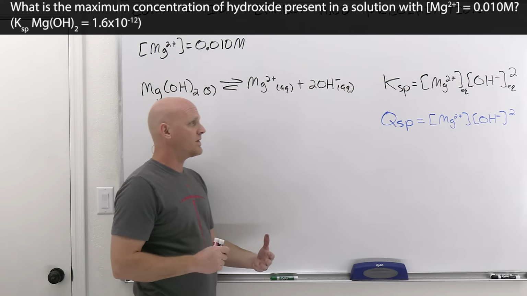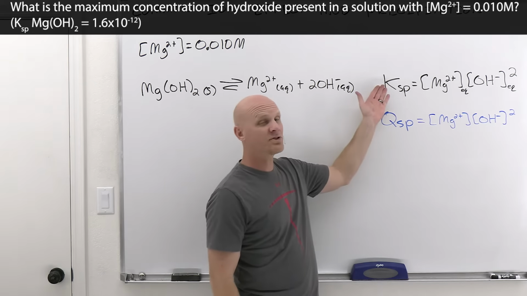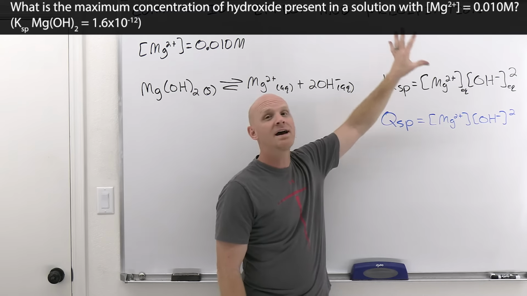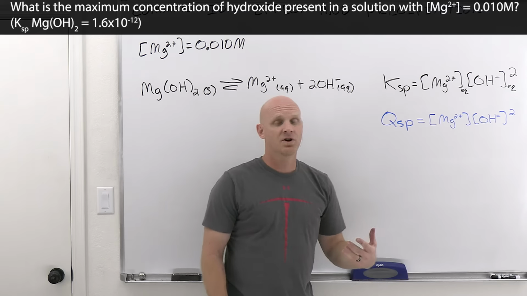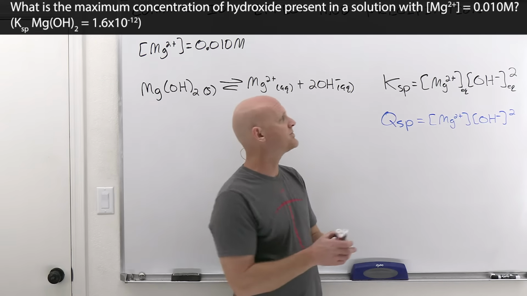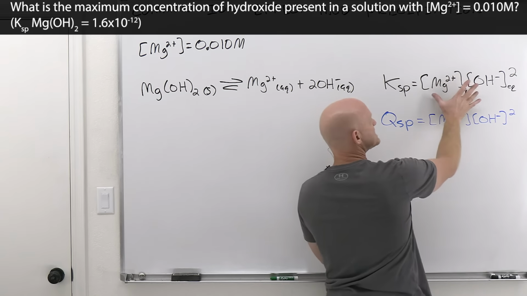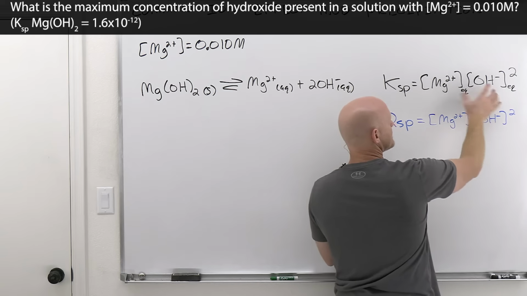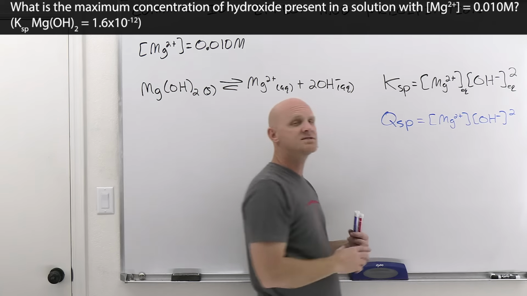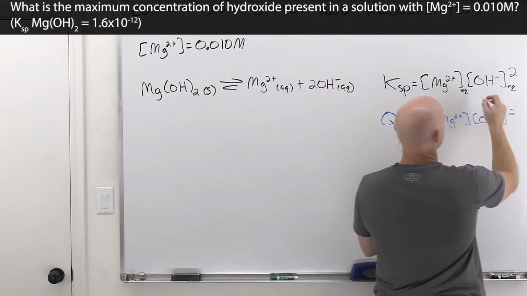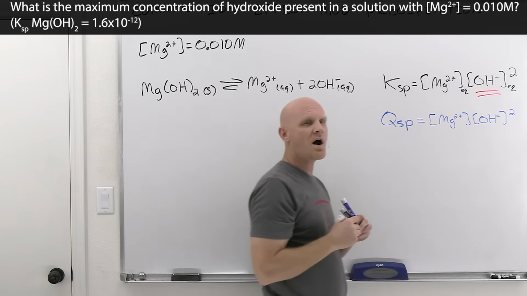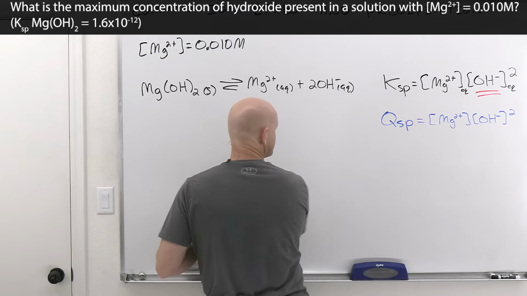So typical calculations often are just going to be using either Ksp or Qsp and plugging in the numbers that you know. In this case, the question is, what's the maximum amount of hydroxide? Well, again, the Ksp describes the product of the maximum concentrations that could exist in that solution. That's the indication we're going to be using this Ksp here, and we're going to be solving for that hydroxide concentration.